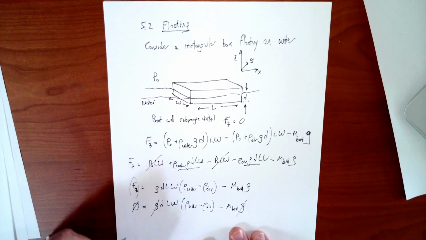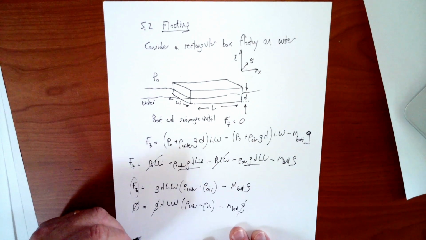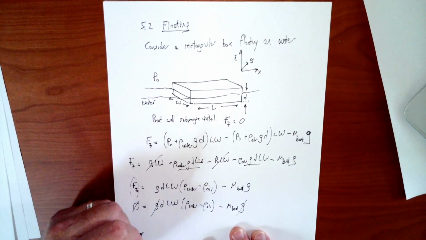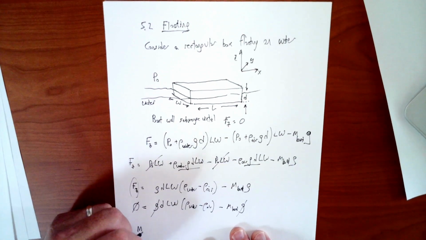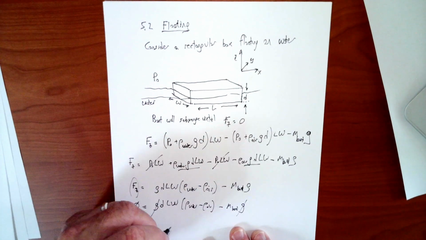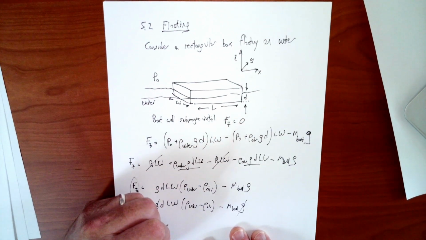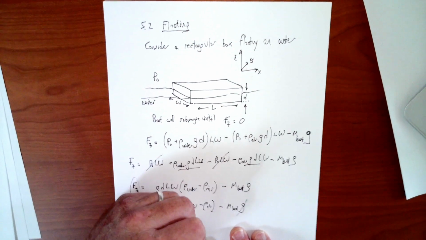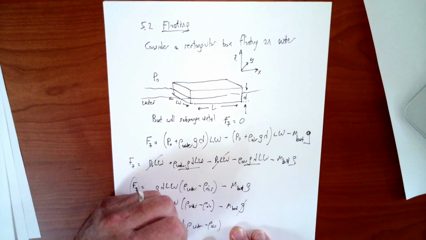Gravity doesn't matter. It affects both terms equally. So then we have that the mass of the boat is going to equal L W D times rho of the water minus rho of the air.